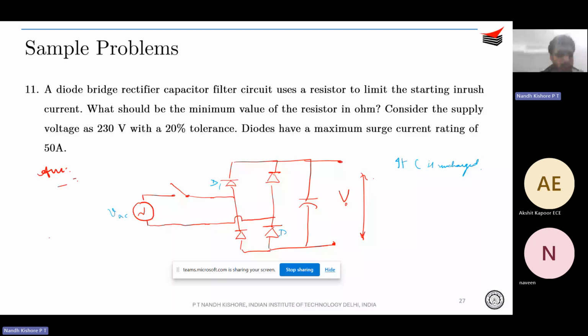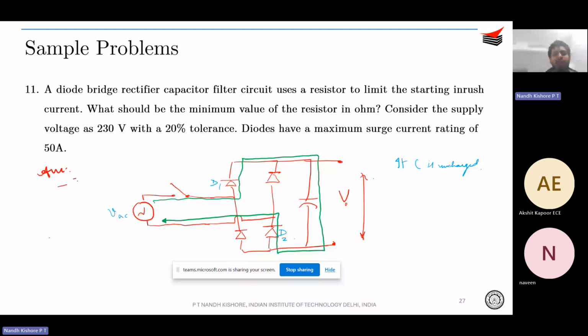So the current flow path would be through this, through the output, and through the diode.